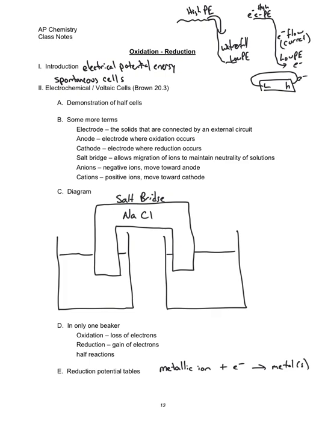Now, spontaneous cells are cells that naturally occur, and therefore they have a delta G value that is negative. If you have a negative Gibbs free energy, these are spontaneous cells. And that's what a voltaic cell is. On the national exam, you might also see the word galvanic. Galvanic or voltaic means the same thing.